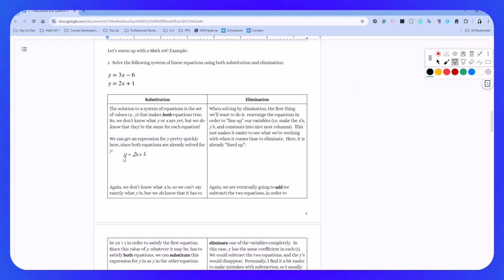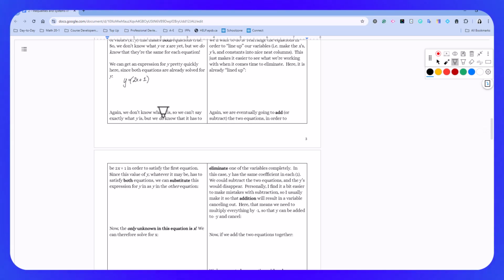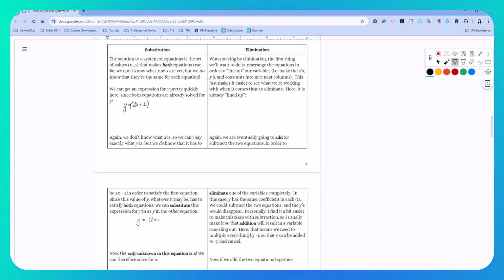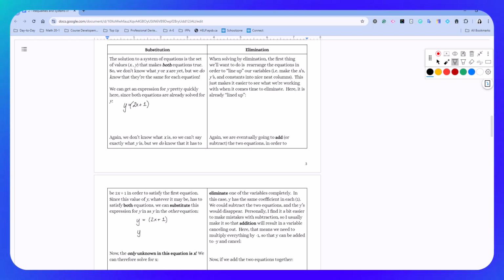Well, now this y equals 2x plus 1, this part here, we're going to substitute for the y in the other equation. So let's go down. And I'm just going to rewrite that here. And I'll write the other equation right here.